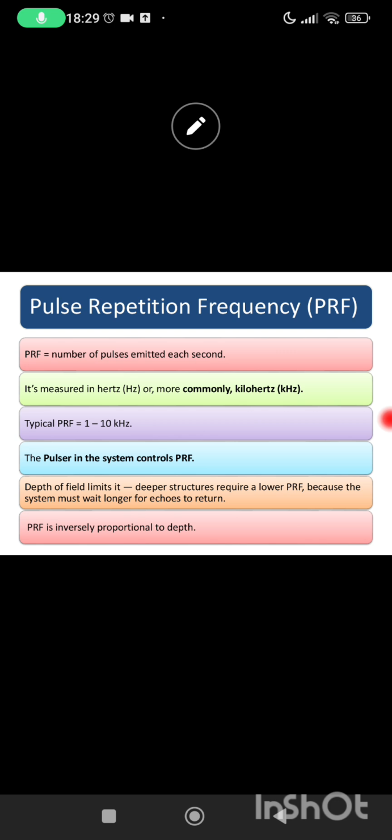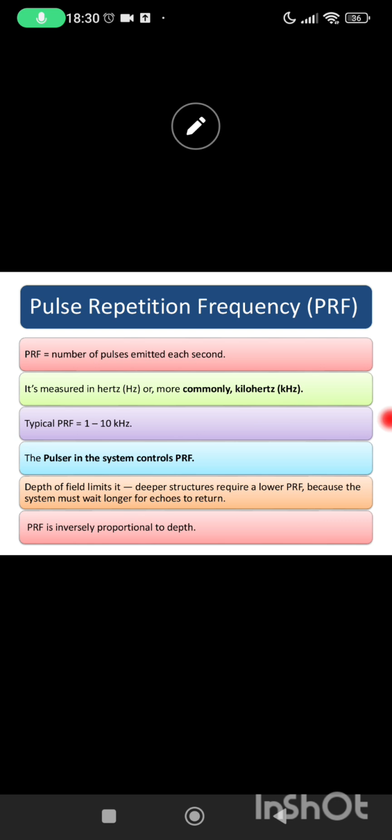PRF is commonly in kilohertz, but we can say its unit is both hertz and kilohertz, and the typical value is 1 to 10 kilohertz. So we commonly use kilohertz, but hertz or kilohertz both.